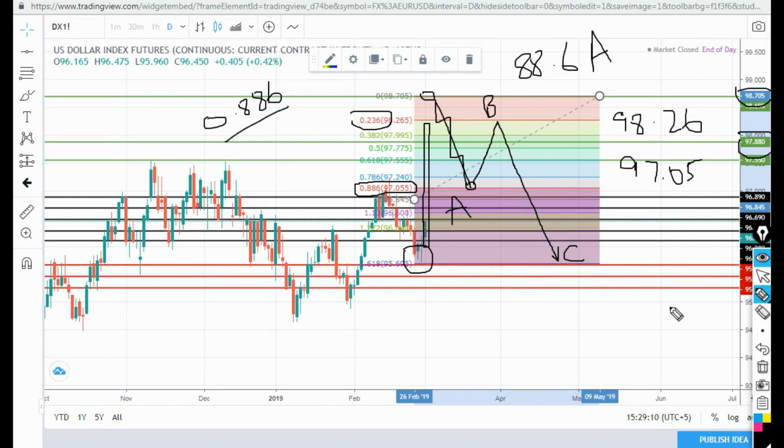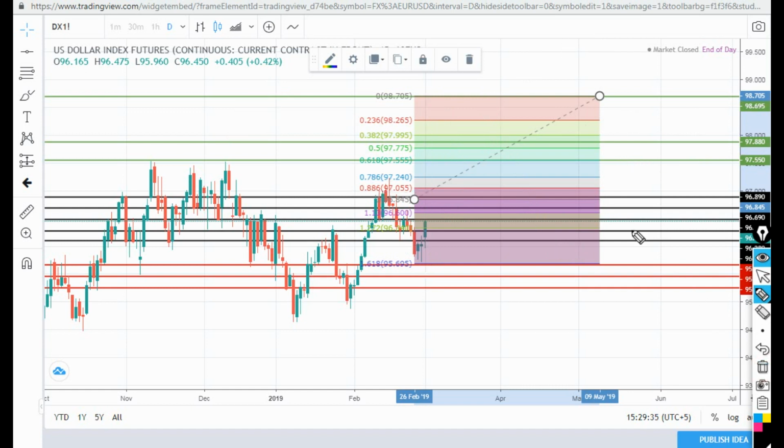So this is the total analysis of US dollar DXY which I give you, and today I publish it, and let's see in the future how the numbers play out. Note down these numbers. I also mention these numbers here, how much it will go up, how much it will go down. You can easily see these numbers.